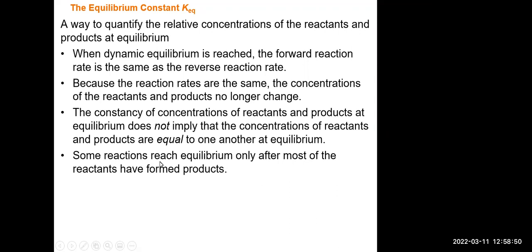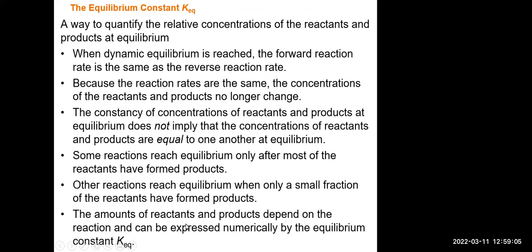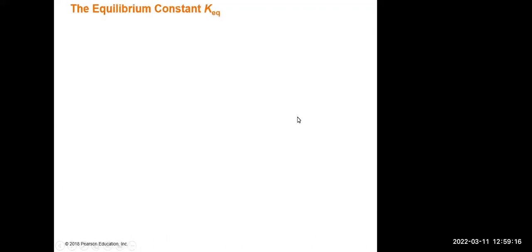Some reactions reach equilibrium only after most of the reactants have formed the product, and vice versa. Other reactions reach equilibrium when only a small fraction of the reactant has formed the product. The amount of reactant and product depends on the reaction and can be expressed numerically by the equilibrium constant, K sub EQ.